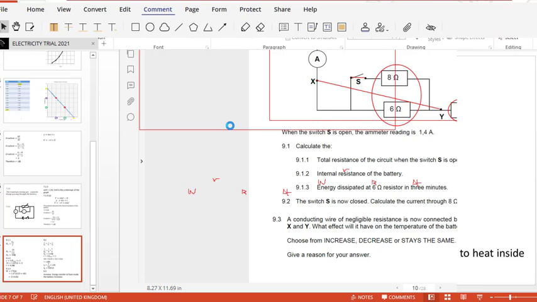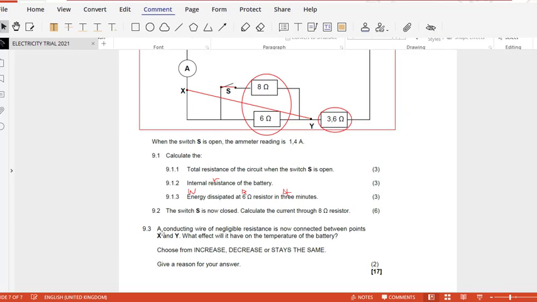So the question says, what effect will it have on the temperature of the battery? Now we know that when current increases, current is associated with heat, or current produces heat, especially inside the battery. So the temperature is going to increase. And what is the reason?